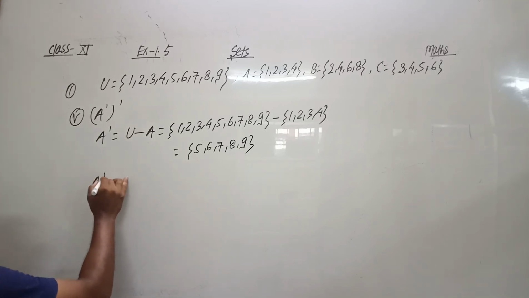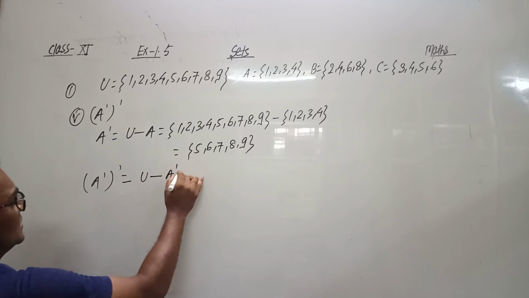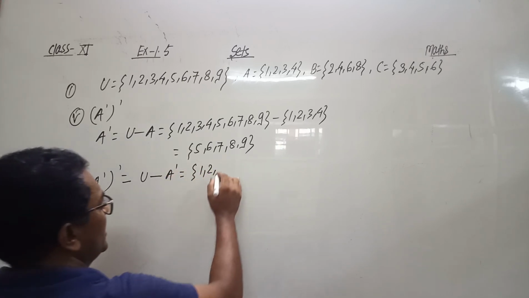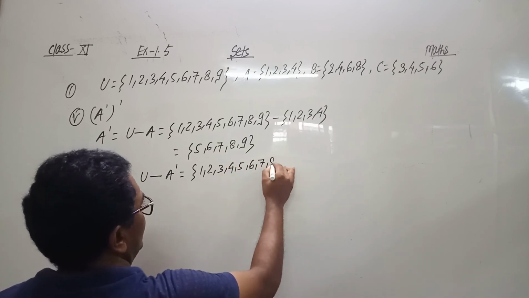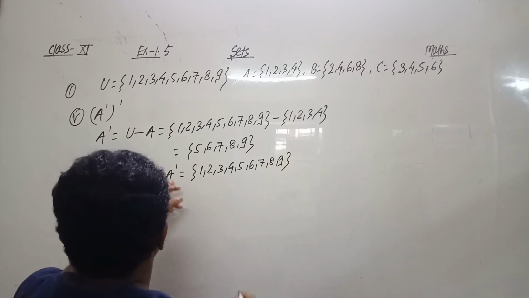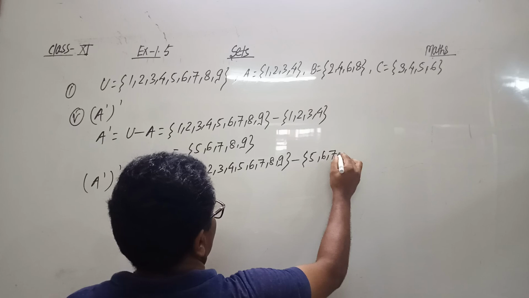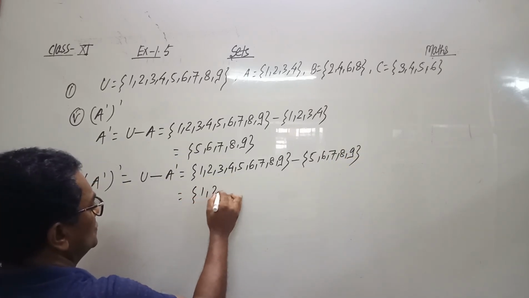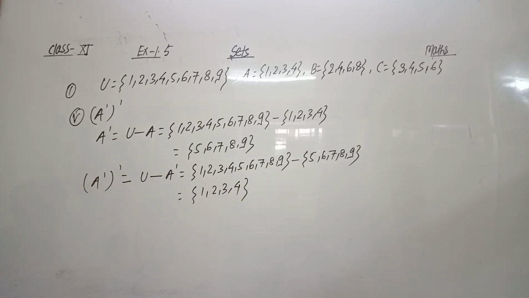Then we have to find A dash dash. So U minus A dash. So again write U 1, 2, 3, 4, 5, 6, 7, 8, 9 minus the value of A dash, 5, 6, 7, 8, 9. So we get 1, 2, 3, 4. So A dash dash is 1, 2, 3, 4.